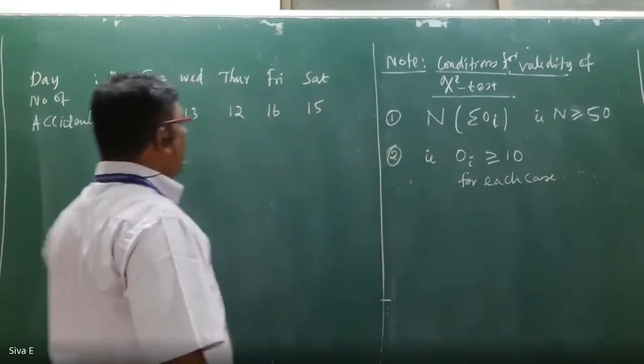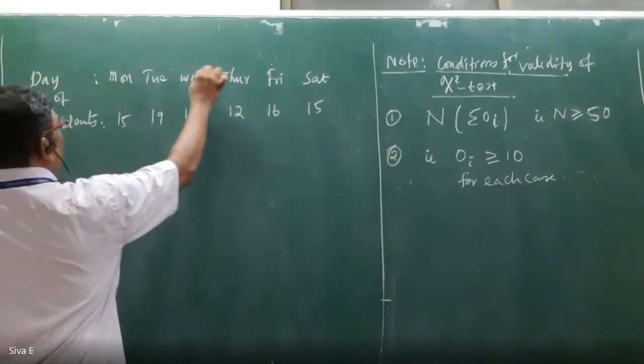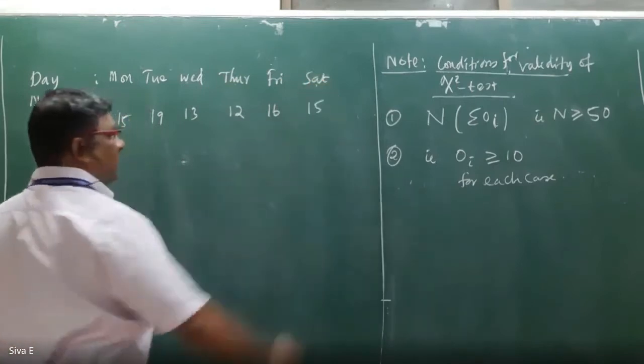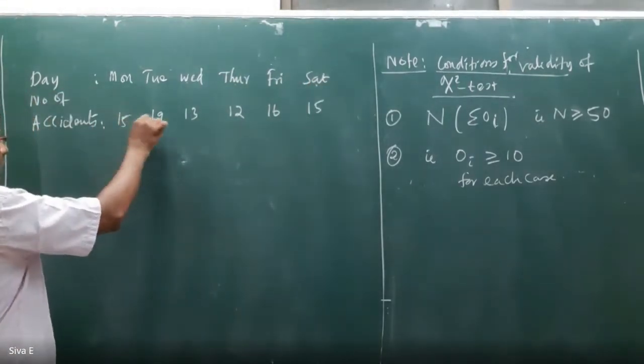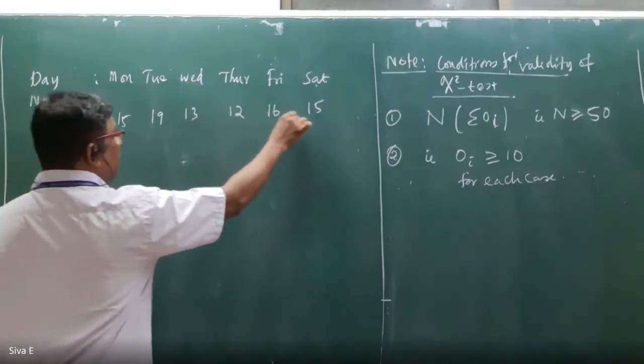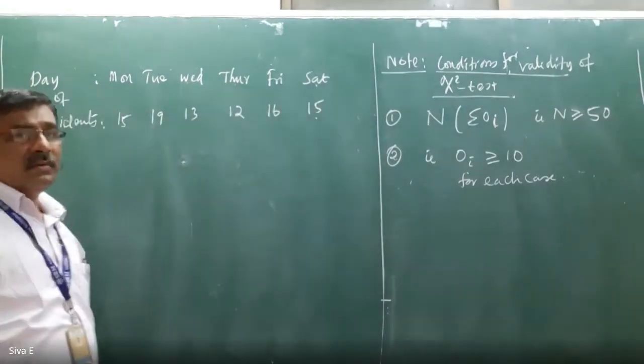So here how many cases are there? 1, 2, 3, 4, 5, 6 cases are there. For the 6 cases, the individual observation should be greater than or equal to 10.